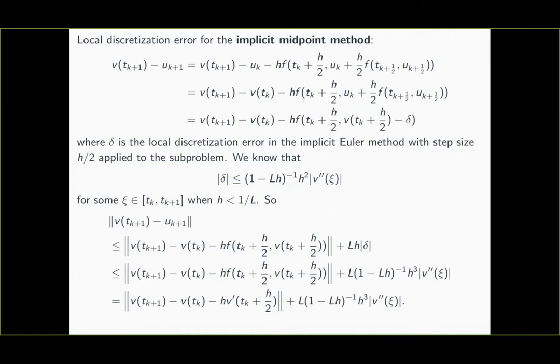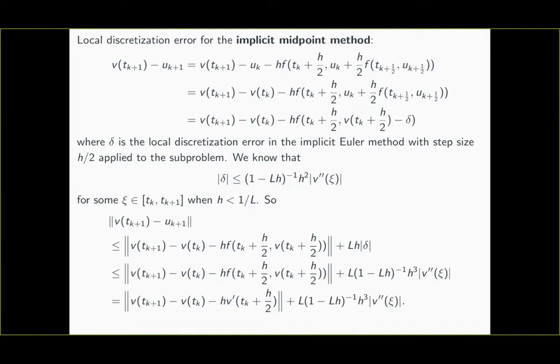Okay, in the next step, again, we replace u_k by v(t_k), just as for the explicit midpoint method. And then for this intermediate iterate in the last argument of f, we use the error estimate for the implicit Euler method.